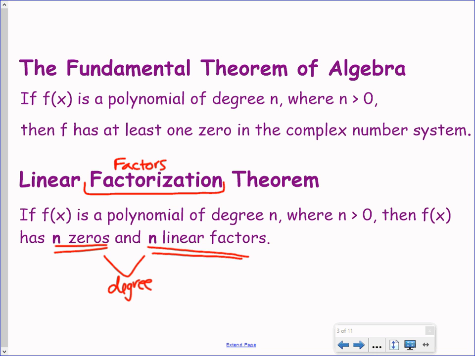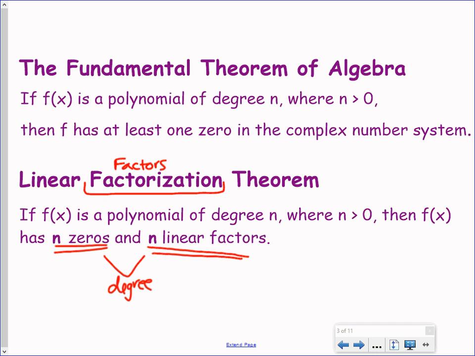But what we saw in the graphs was the maximum number of zeros was n, equal to the degree, but it didn't always have all the zeros on the graph, like x-intercepts. Every polynomial function that has degree n has that many zeros. Some of them could be imaginary, and we also talked about that. We knew that from Algebra 2. So some of them could be imaginary, some of them could be real.